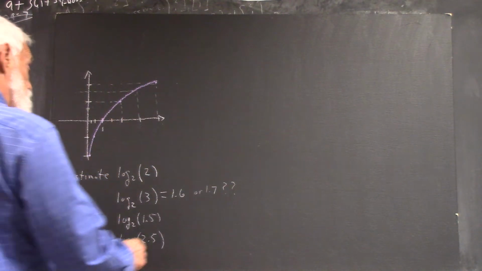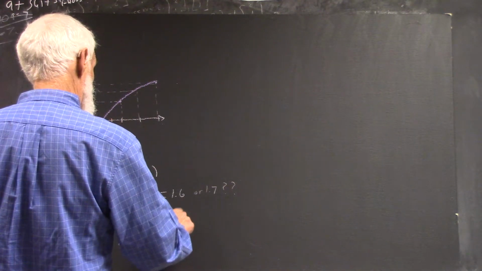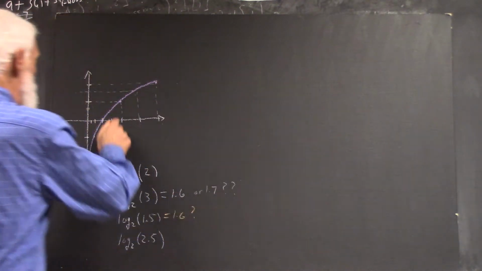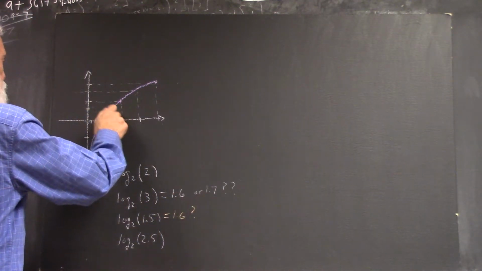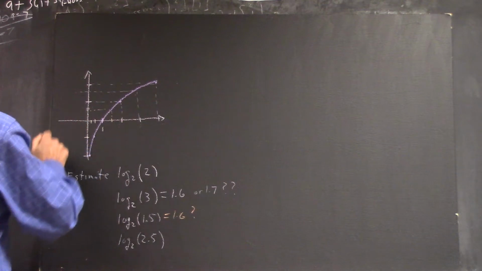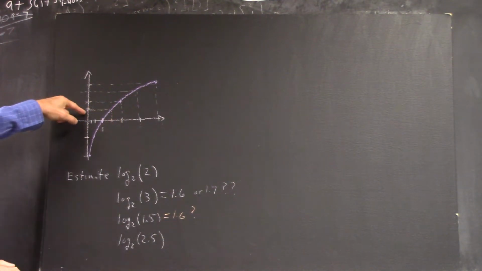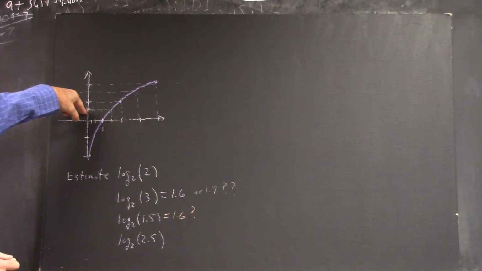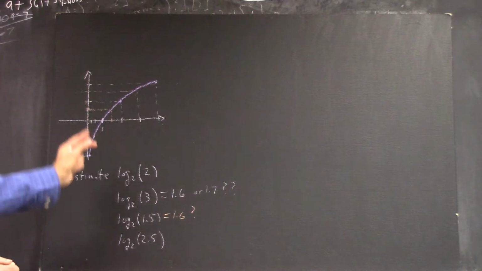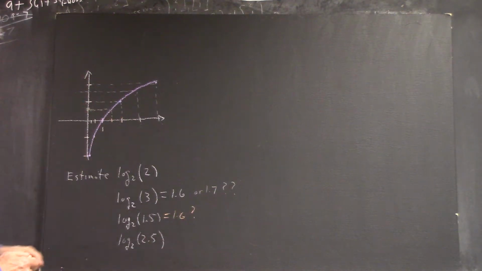So you say it's maybe, okay, so we project up here, we project straight over here, and I project it a little low, so it looks like a half, but I know it can't be a half, right? So I fudge my estimate a little bit in terms of the curvature of the graph.